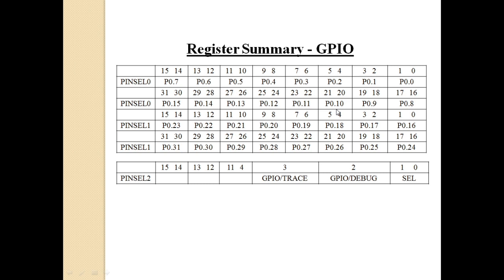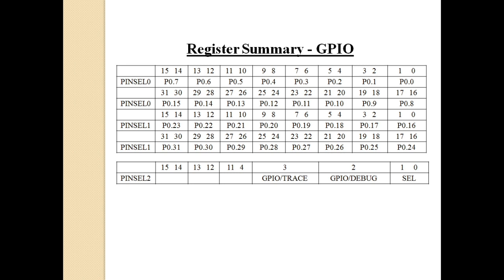Whatever peripheral you are configuring, there will be something known as a register summary. From this you can identify what registers are involved in configuring this peripheral. Right. So in configuring this peripheral, you need to configure pin select registers. In addition to this, you need to configure IO set and IO clear registers.